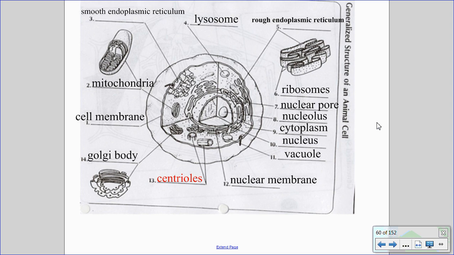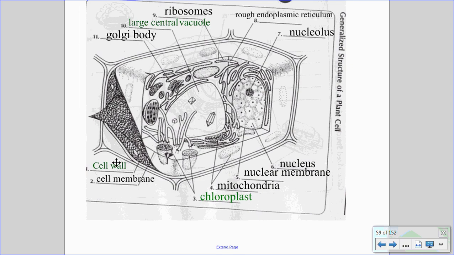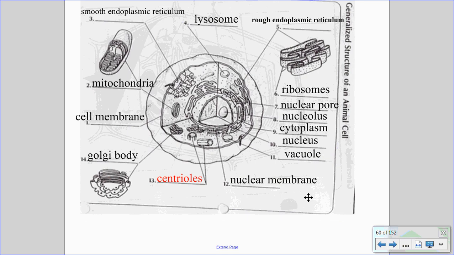You might want to do that in a different color pen or pencil, because we won't find centrioles in a plant cell, just like we won't find the cell wall or the chloroplast in animal cells. We'll never find those in an animal cell. Again, you can pause and fill in your sheet, and then hit the play button when you're ready to go.